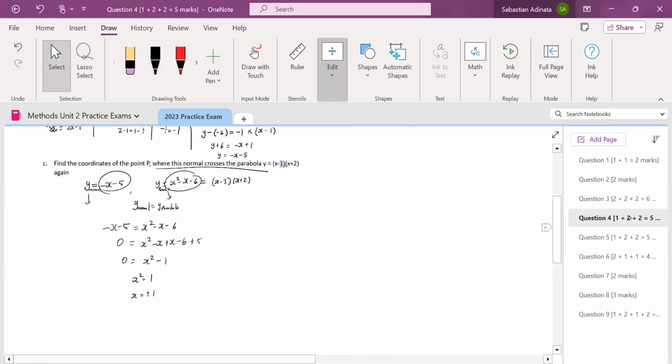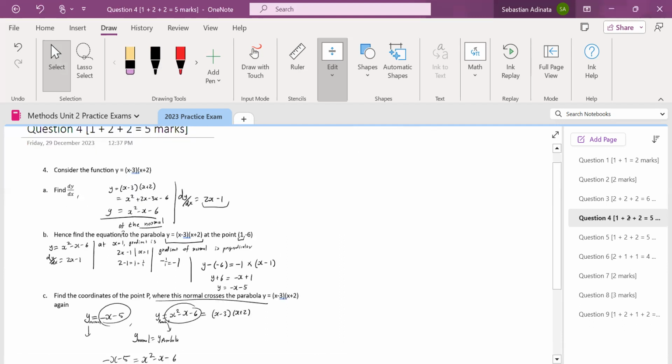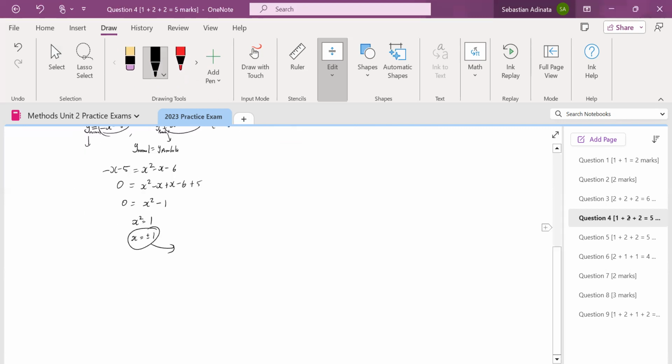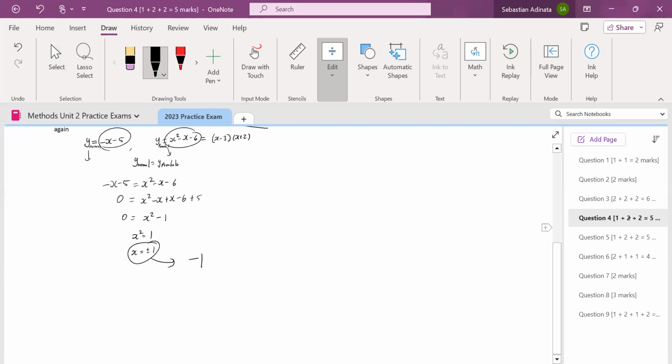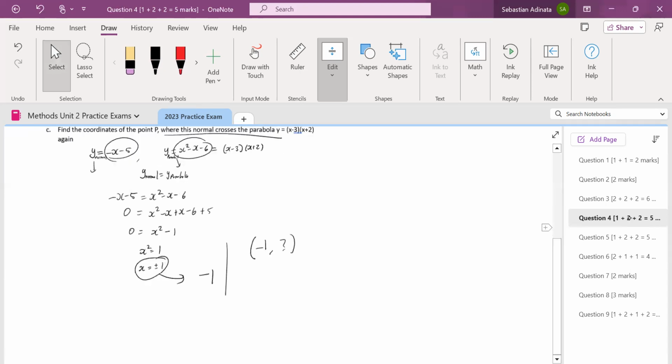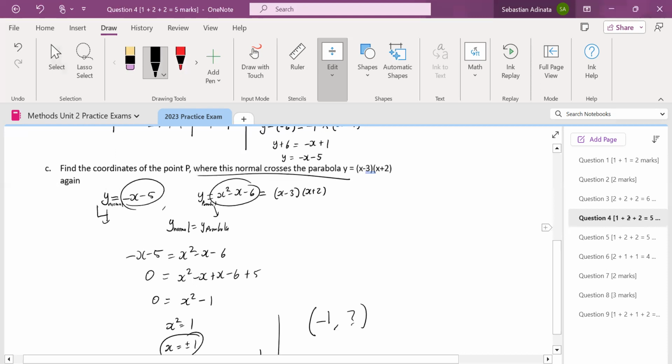So we already know that they intersect at 1. Now we found out that it intersects at -1. So what they're asking us is to find the coordinates of -1 and this y value. So let's sub that in. We can either sub it into the normal or the parabola. Which one looks easier?